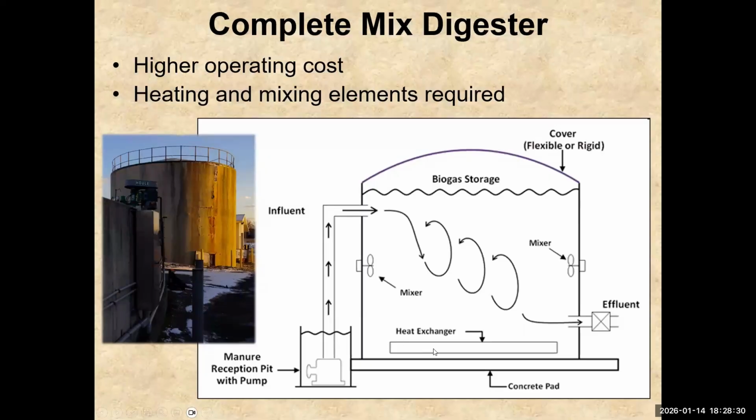And then in regards to the heating elements, remember we talked about how anaerobic digestion is optimized when we have sustained temperatures of 35 degrees C. To maintain that constant temperature within the digester, these digesters are insulated as well as equipped with heating elements such as hot water piping, like you saw in a previous example, or there may be a heat exchanger.